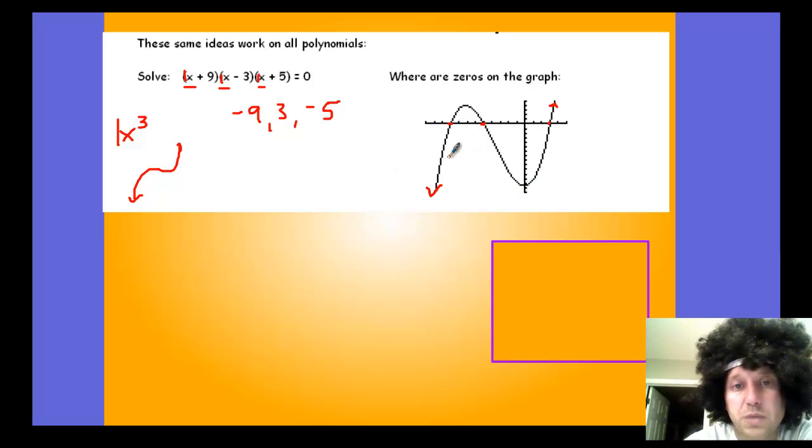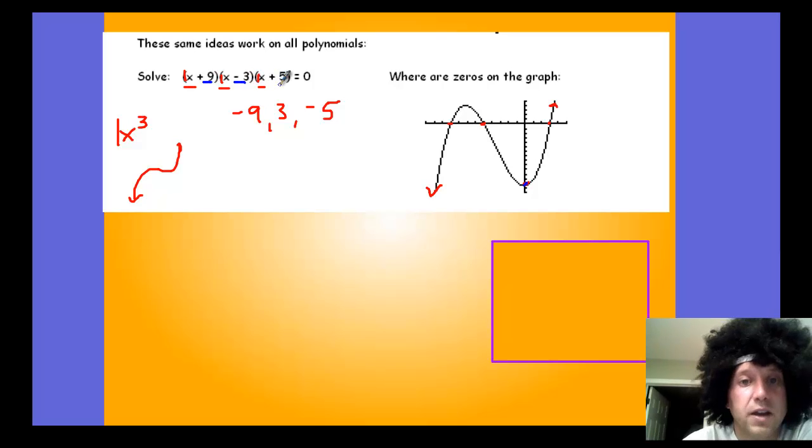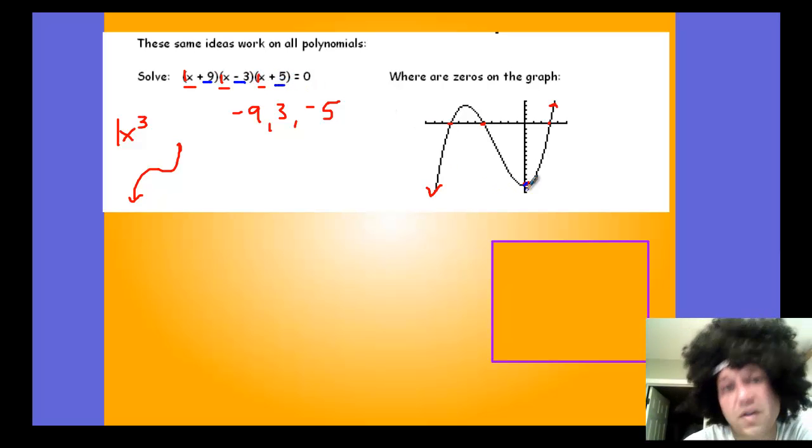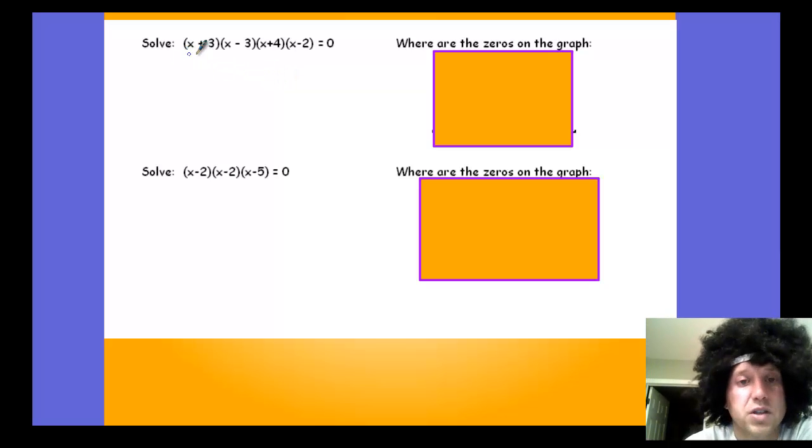Now the only other point that would be really quick and easy to find would be the y-intercept. The y-intercept is found by multiplying all the constants together. So the 9, -3, and 5 would give us this value. So you're at -135. So these scales are not going by ones. So we can do the same thing here. We can actually find our zeros.